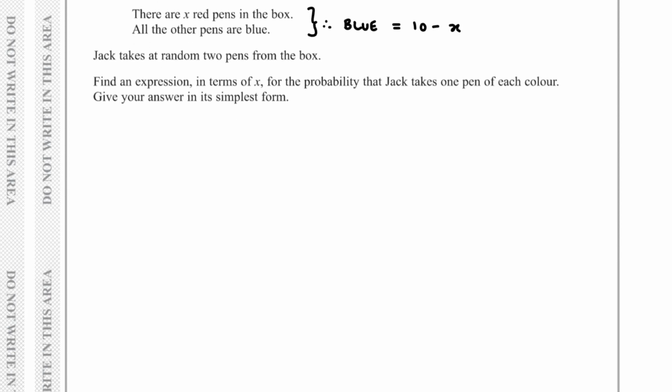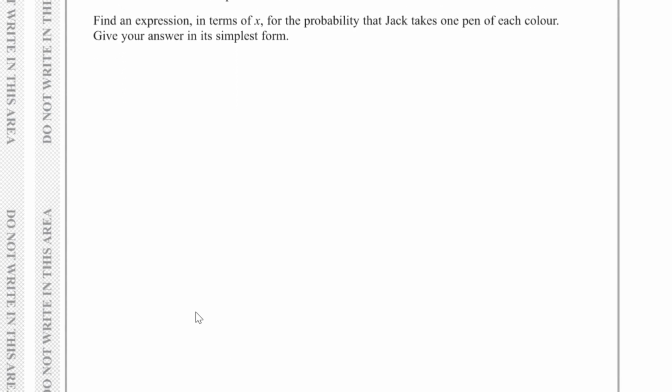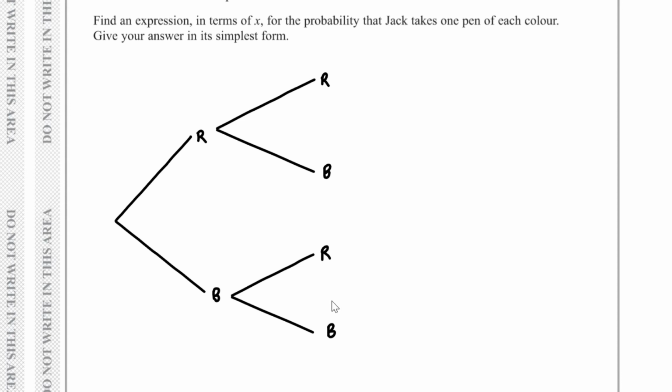Now, here we can draw a tree diagram. So let's just quickly show the branches. So here are our branches. Now, originally, we have 10 pens in the box.